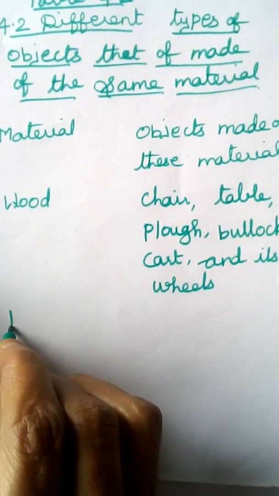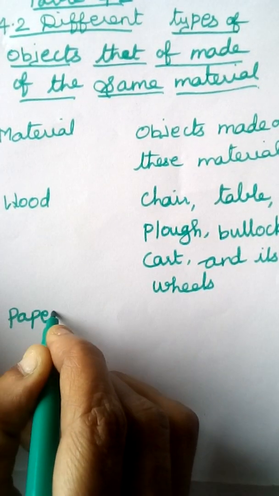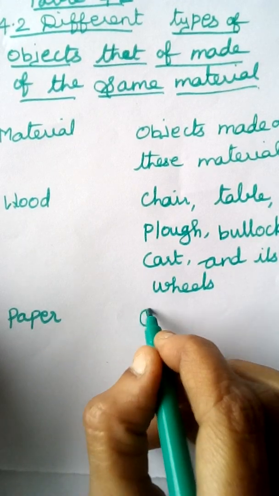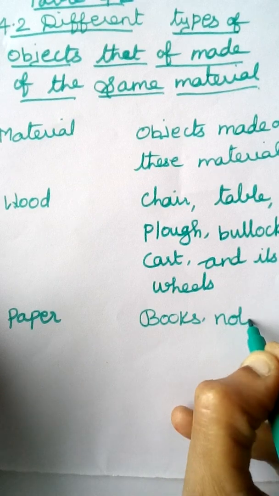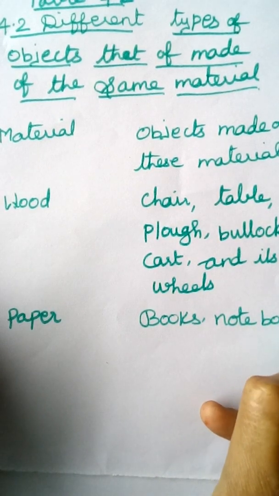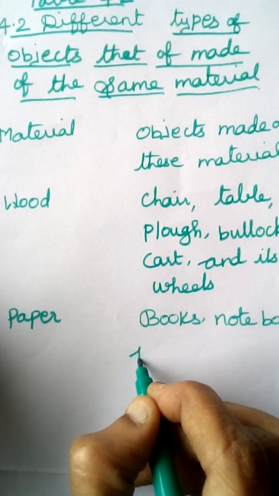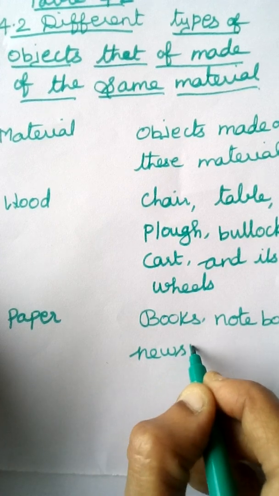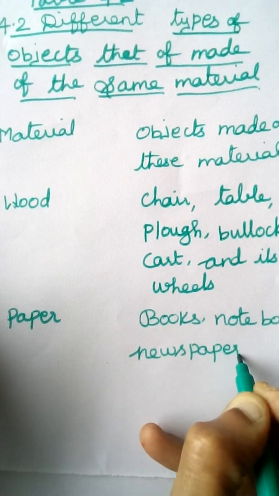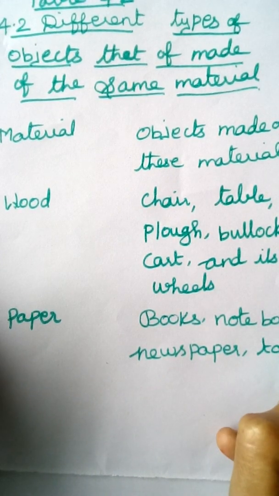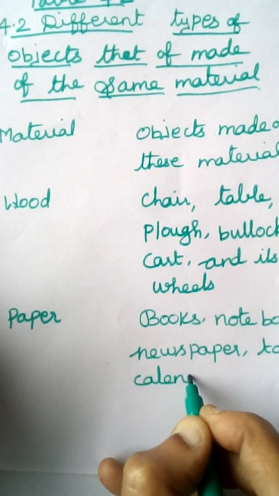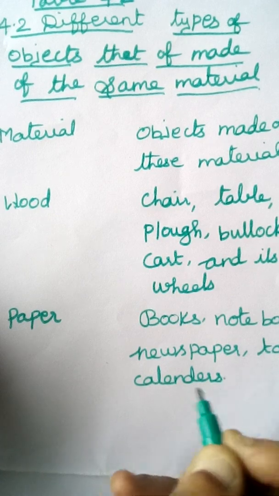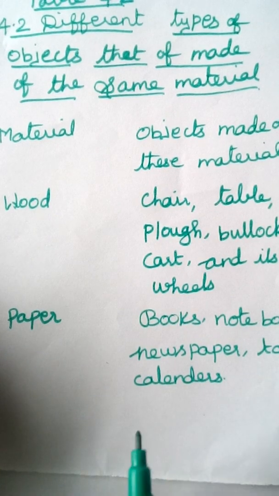Second one is paper. The objects made of paper are books, notebooks, newspaper, toys and calendars. Students, this is an activity for you.